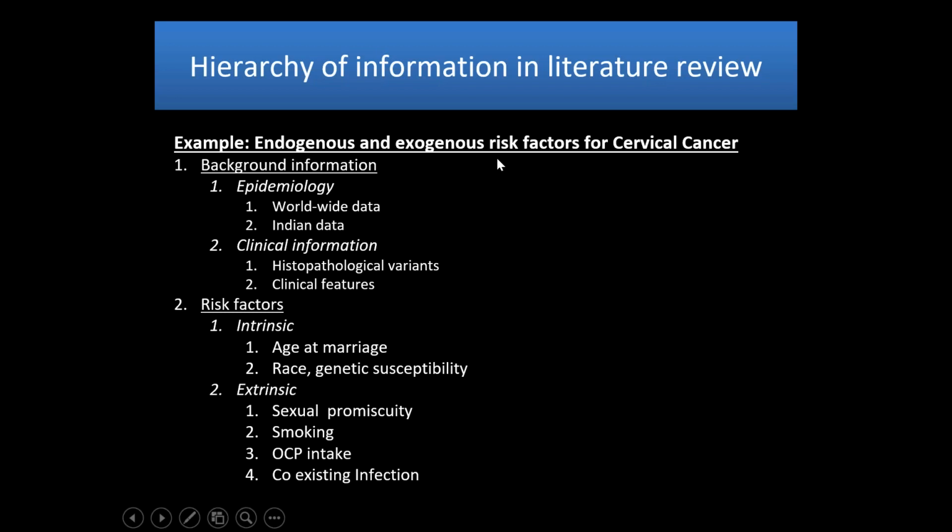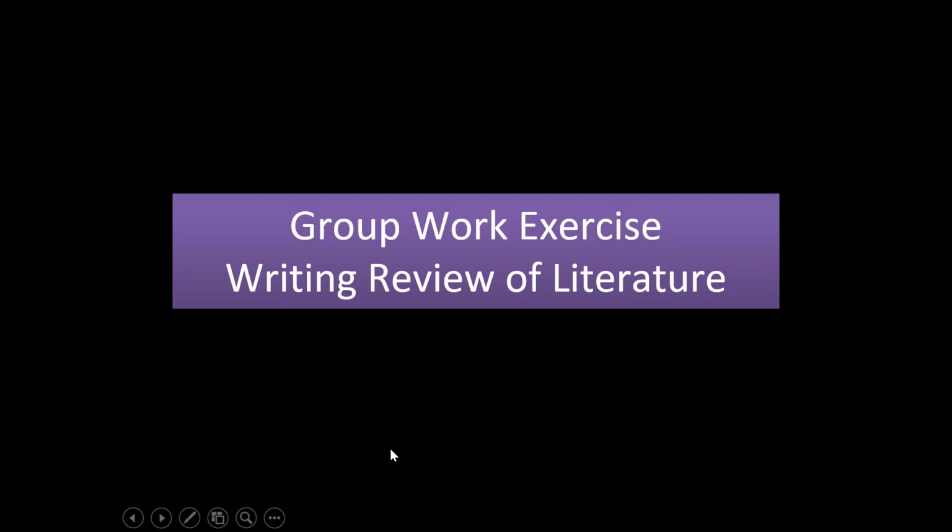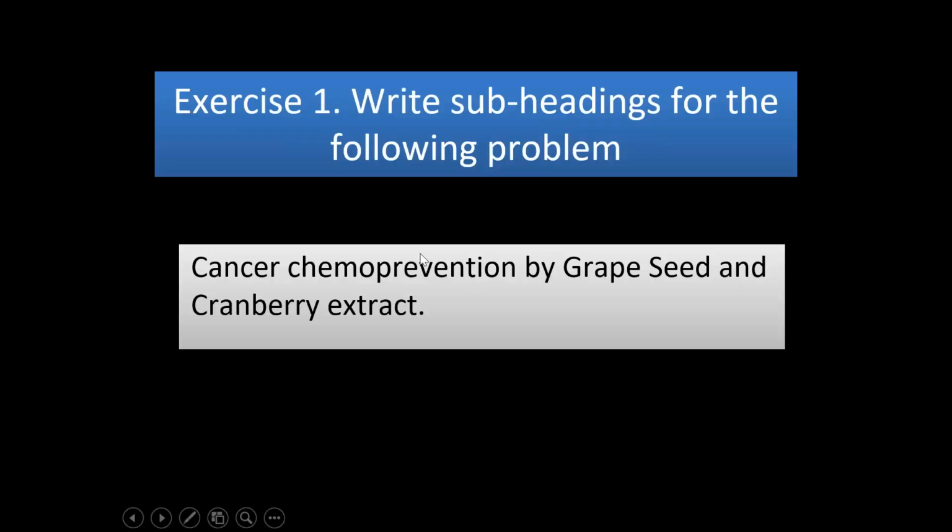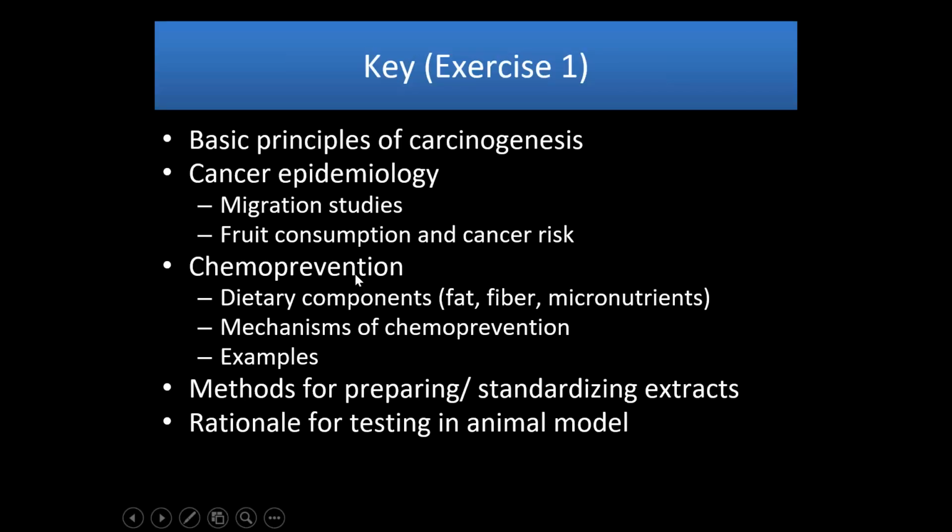These are just examples, where endogenous and exogenous risk factors for cervical cancer are subdivided into themes, and under each theme you further subdivide, and then you can put things in chronological order. I had this slide I thought I could share, an exercise in writing subheadings: cancer chemoprevention by grape seed and cranberry extract. These are fruit extracts.